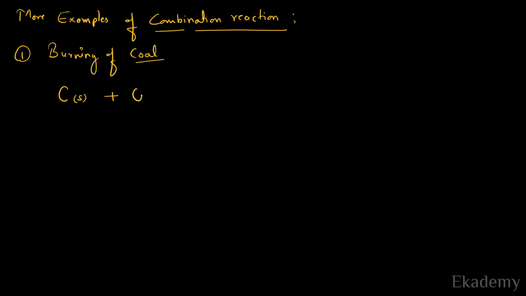It reacts with oxygen, O2, a gas, and forms carbon dioxide, again a gas. So you see, two reactants are combining together to form a single product, and hence this is a combination reaction.